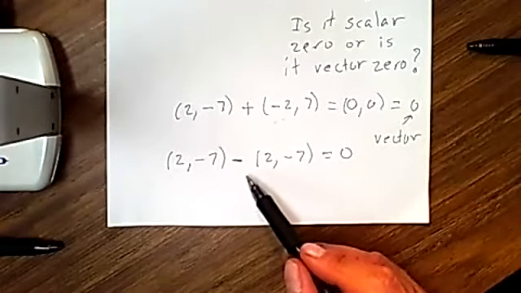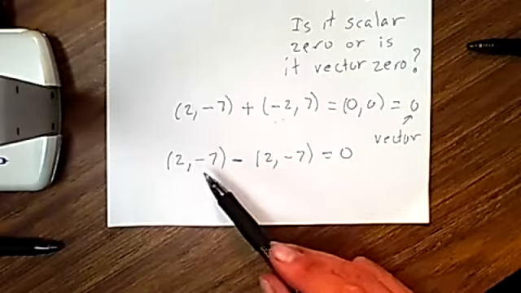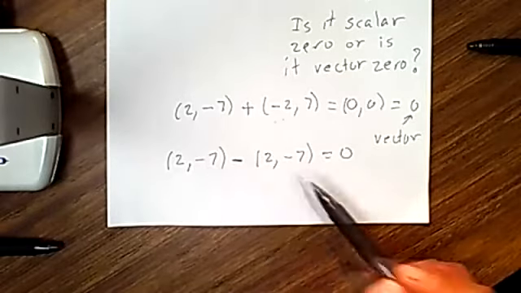We call that subtraction. This is the subtraction of two vectors. The subtraction is the addition of two vectors, the first vector plus the multiplication of the second vector with -1.